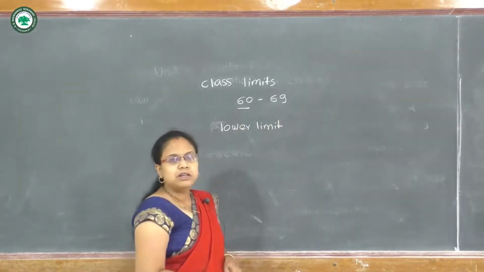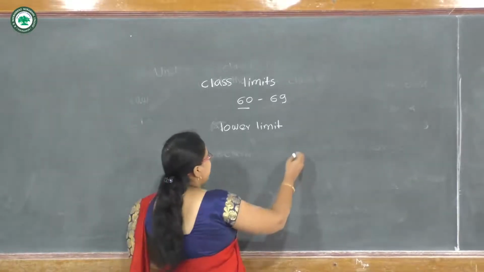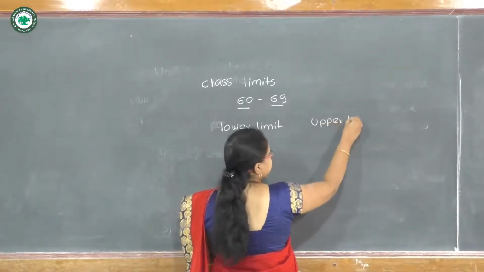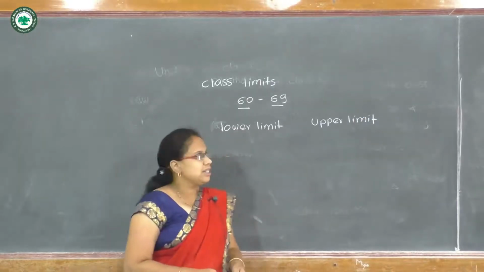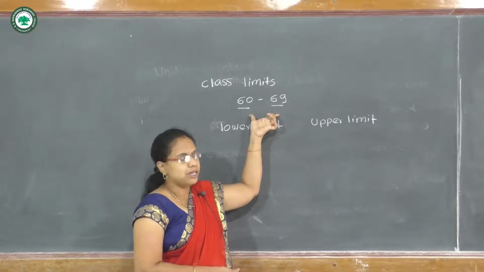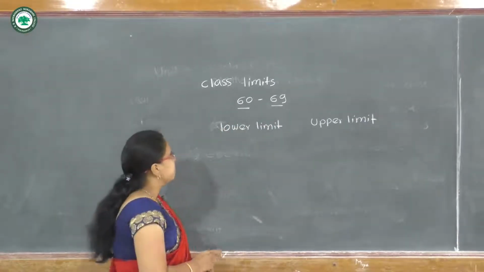It is the lowest number in the class, and this 69 is called the upper limit of the class. That is, it is the highest number in the same class. So these are called the class limits of the class.